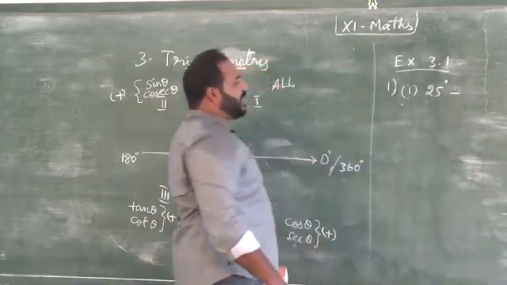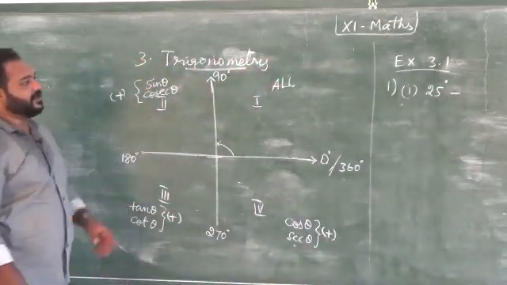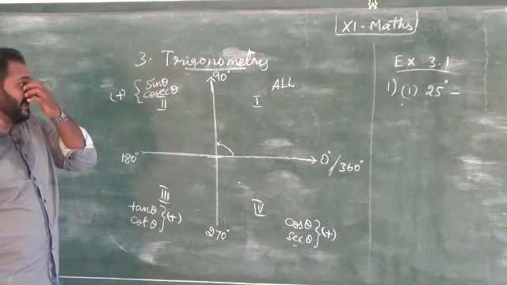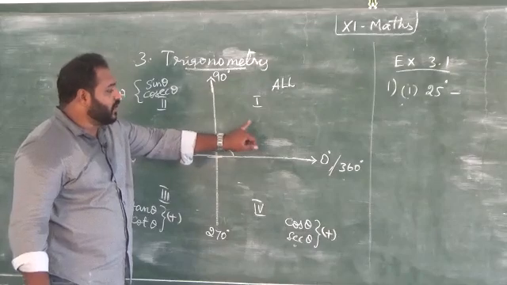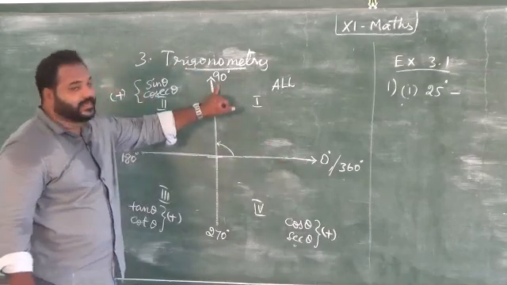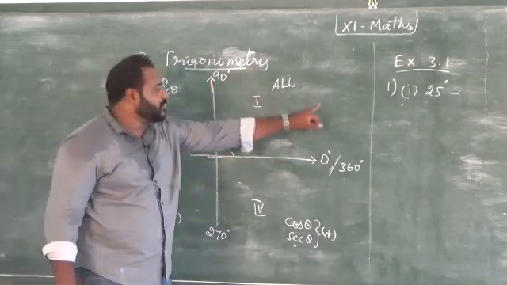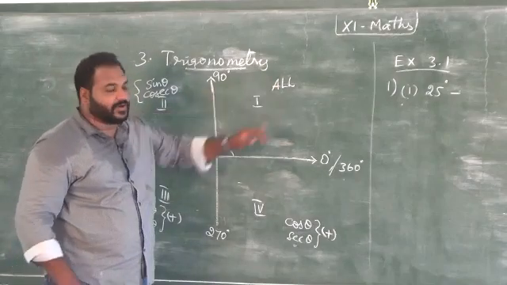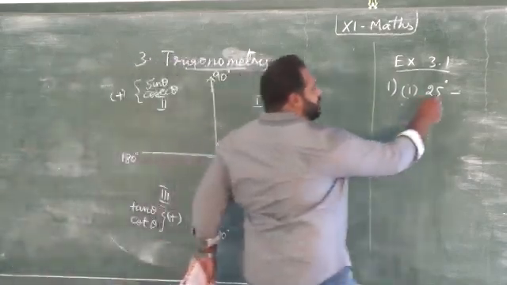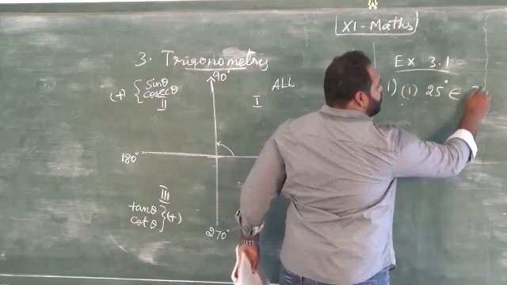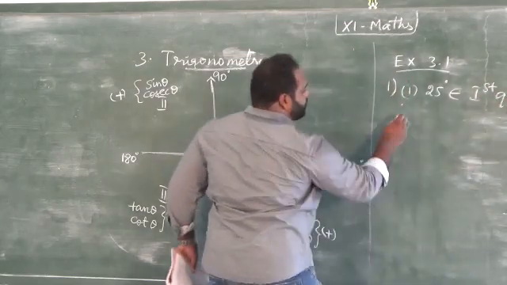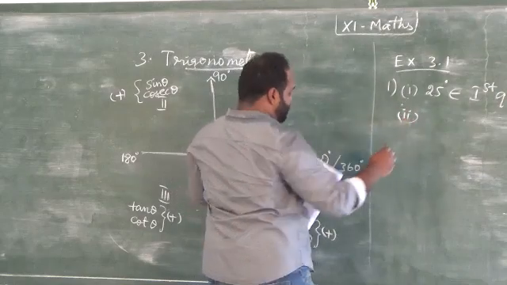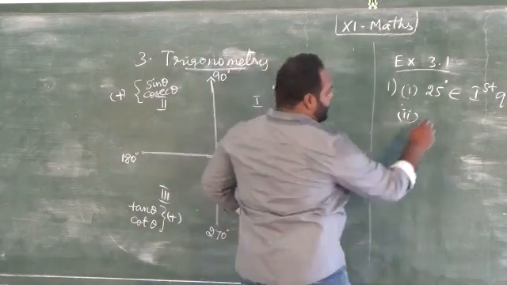They are asking to identify the quadrant for the given measurement. 25 degree, where does it occur? In the first quadrant, because values between 0 and 90 degree occur in the first quadrant. So definitely 25 degree belongs to the first quadrant.